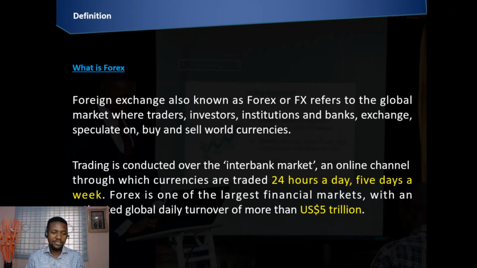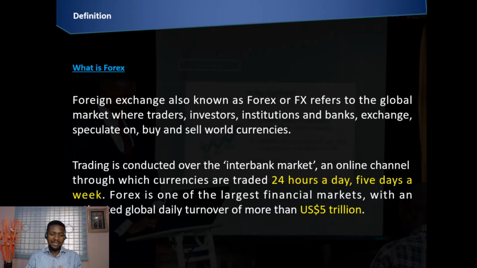Foreign exchange, also known as Forex or FX, refers to the global market where traders, investors, institutions, and banks exchange and speculate on, buy and sell the world currency. Trading is conducted over the interbank market, an online channel through which currencies are traded 24 hours a day, 5 days a week.